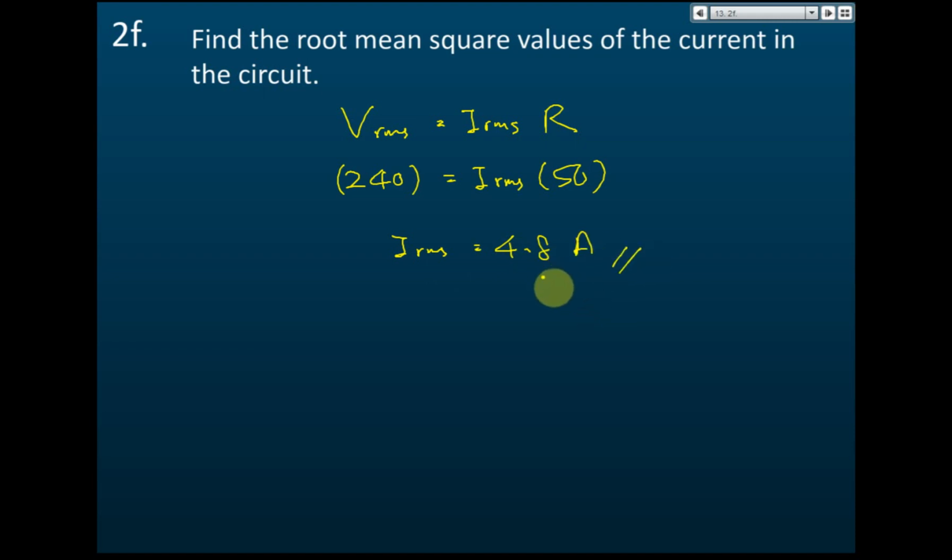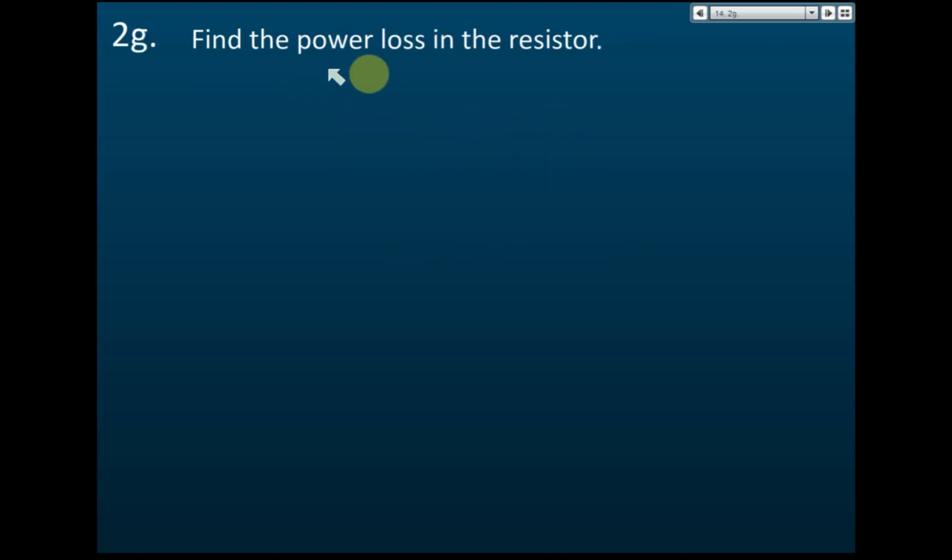Just now I told you that I misunderstood the question, because question 1 actually asked for the definition of alternating current, and now they want the root mean square current. So we can find the root mean square current by using V equals IR. But for alternating currents, the V is the root mean square voltage and the I is the root mean square current.